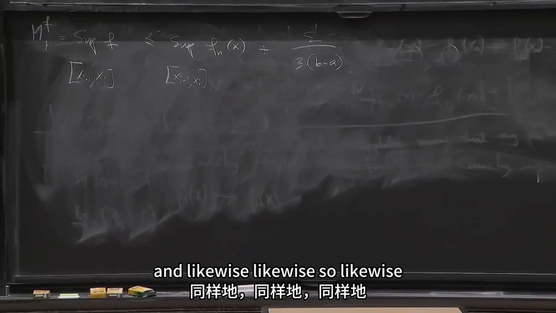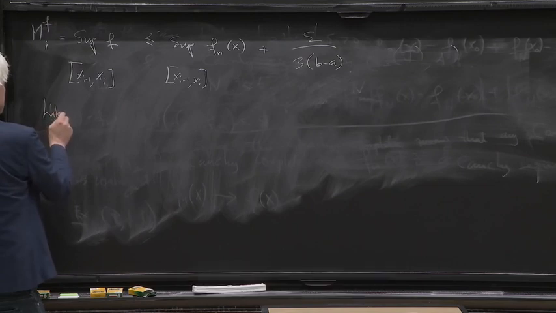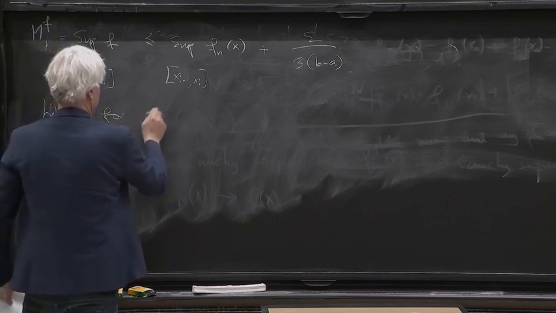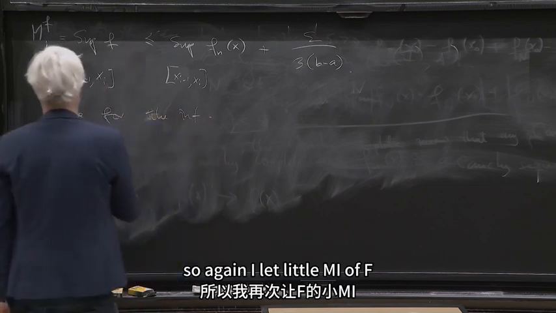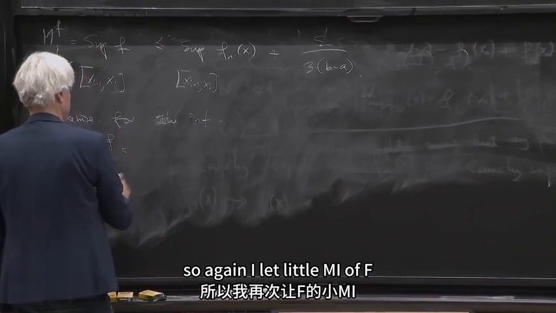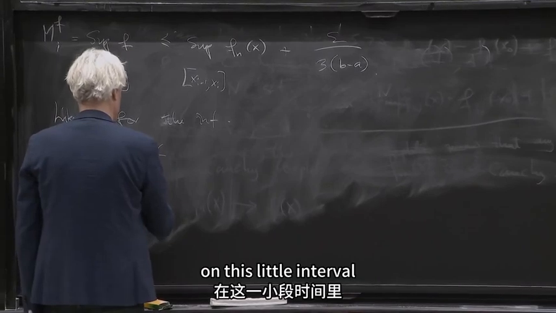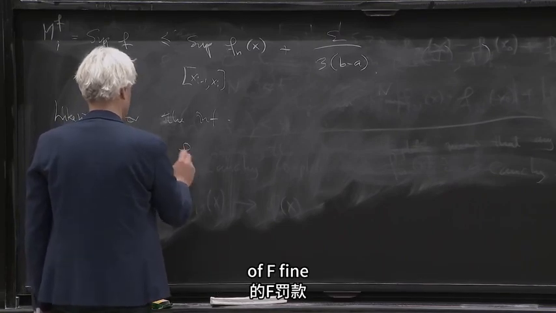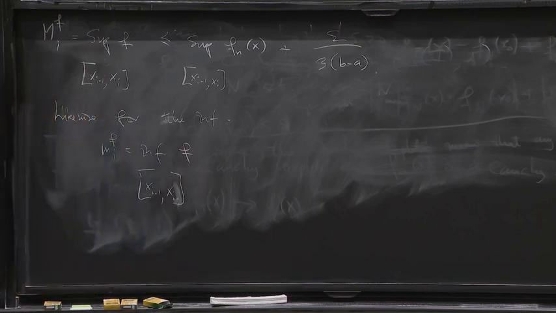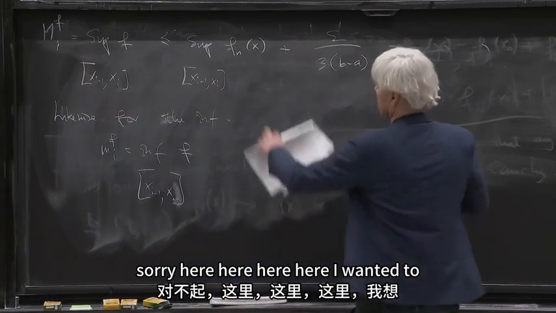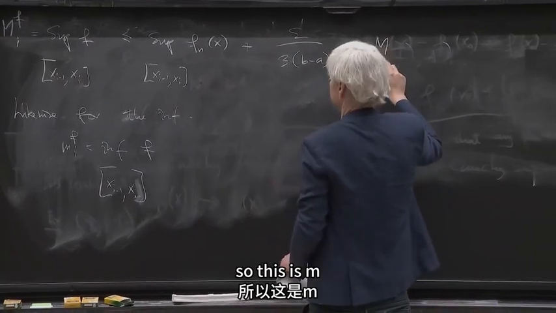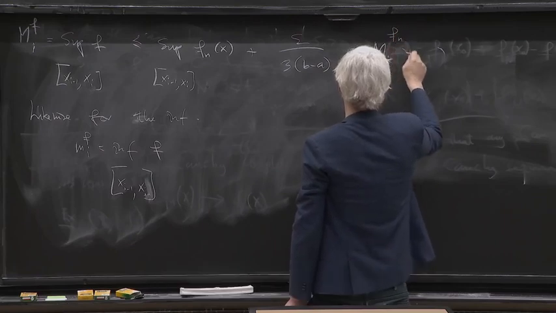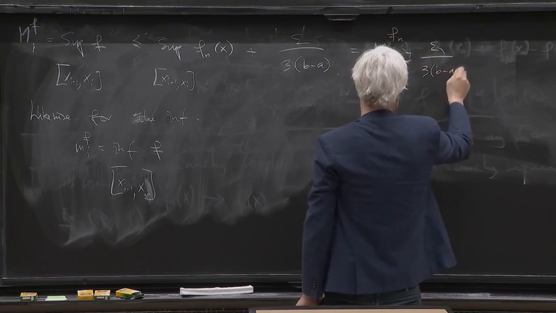And likewise for the inf. The notation for the sup of fn on this little interval is Mi fn.